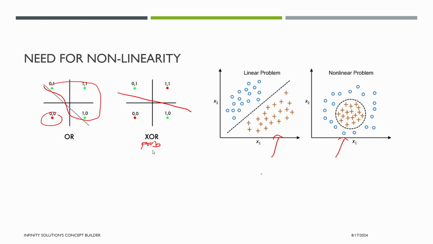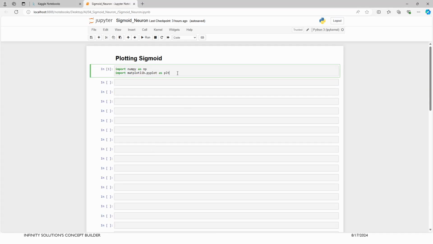So let's go there, and I'm just importing for now the two libraries that we will need for this purpose. It is just numpy as np, and we are also importing matplotlib pyplot as plt, and I'm just running this.